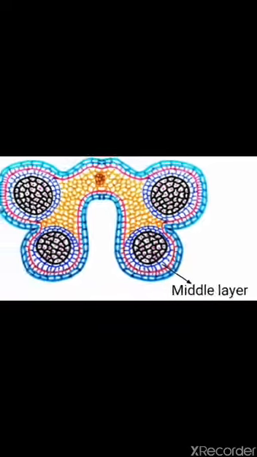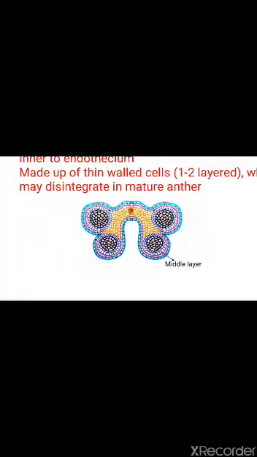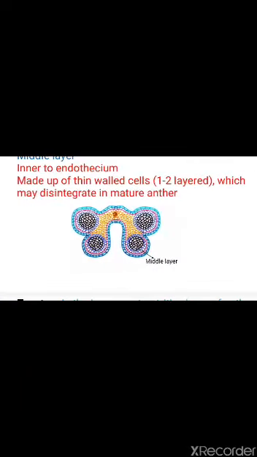So these are the 1 or 2 layered cells which may disintegrate in the matured anther. That means whenever the anther gets matured, at that time the cells of this middle layer disintegrate.